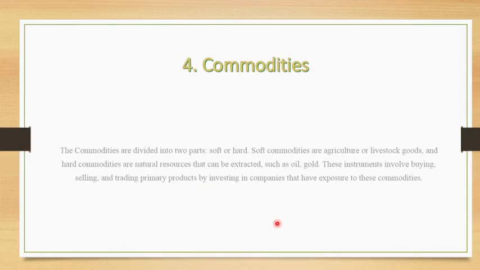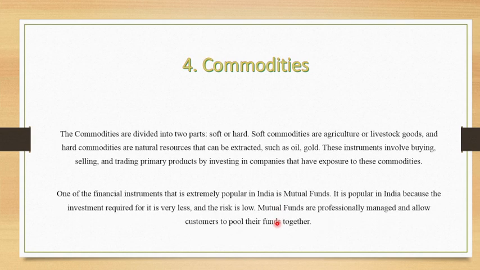commodities. Now we will see the commodities in details. Mutual funds are popular in India because the investment required for it is less and risk is low. The commodities are divided into two parts: soft commodities and hard commodities. We already know that.